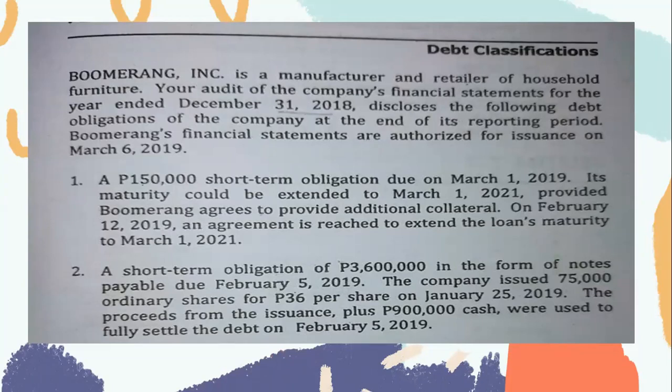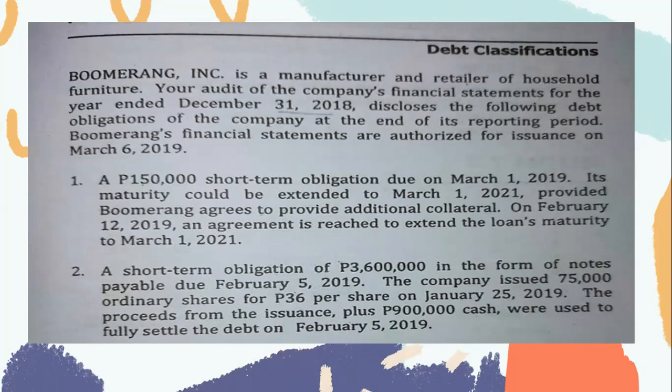Boomerang Incorporation is a manufacturer and retailer of household furniture. Your audit of the company's financial statements for the year ended December 31, 2018 discloses the following debt obligations of the company at the end of the reporting period. Boomerang's financial statements are authorized for issuance on March 6, 2019.